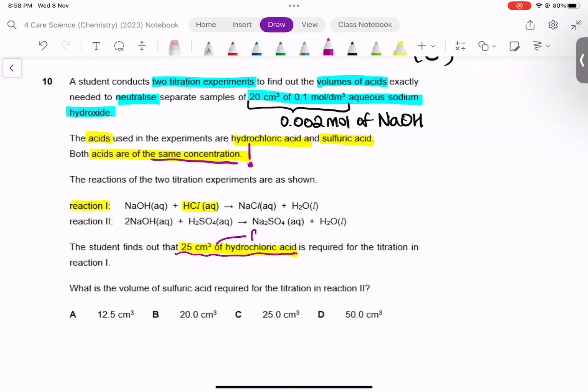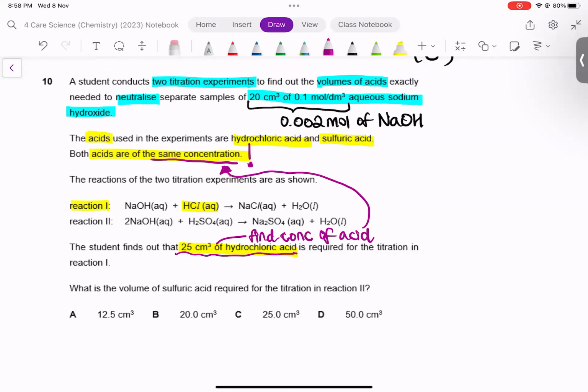I now need to find the concentration of the acid. Now, why is it so important to find concentration of the acid? Because you are told that both the hydrochloric and sulfuric acid are at the same concentration. So by finding concentration of one acid, you have found the concentration of the other acid as well.